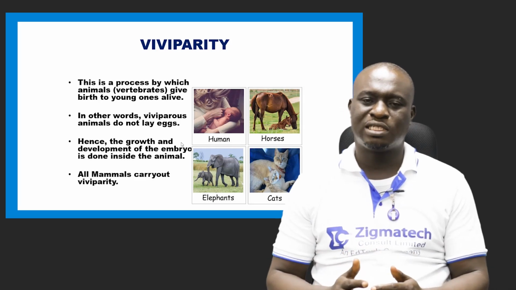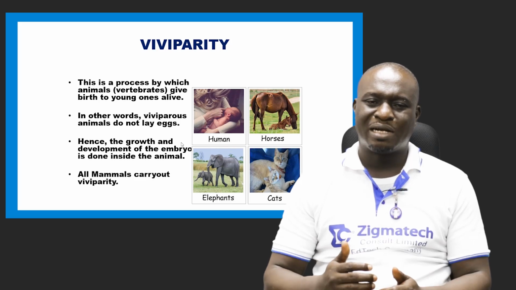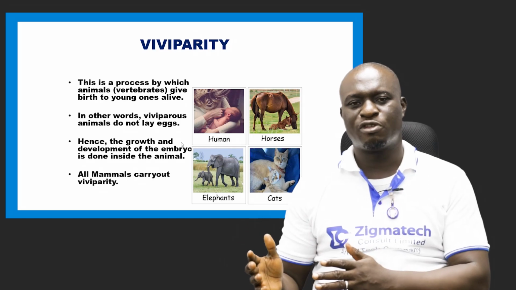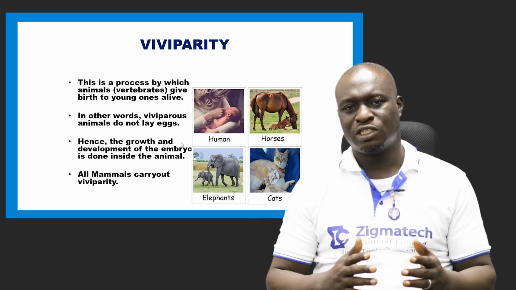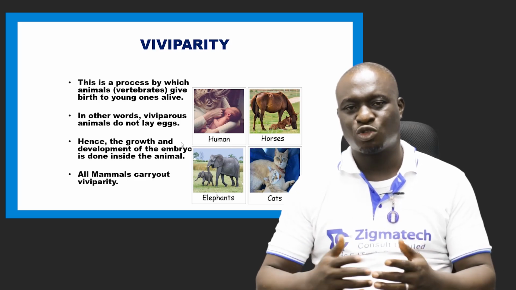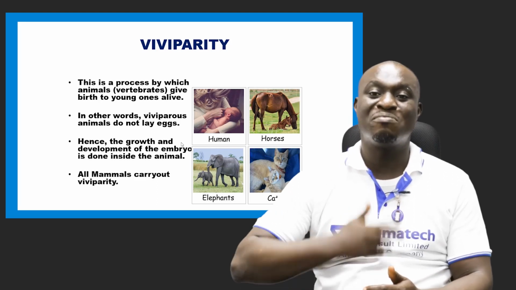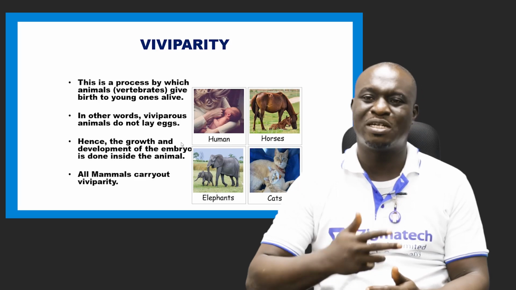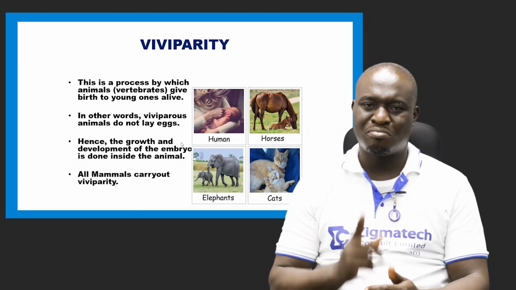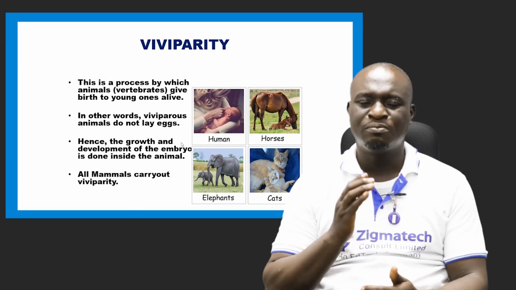In viviparity, living organisms give birth to young ones alive. In oviparity, new individuals are given rise to by laying of eggs, but in this case, they are given rise to by giving birth to them alive. You find this happening mostly in mammals, not in other vertebrates. It occurs only in mammals.